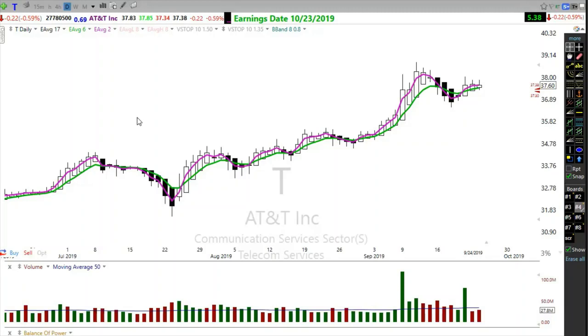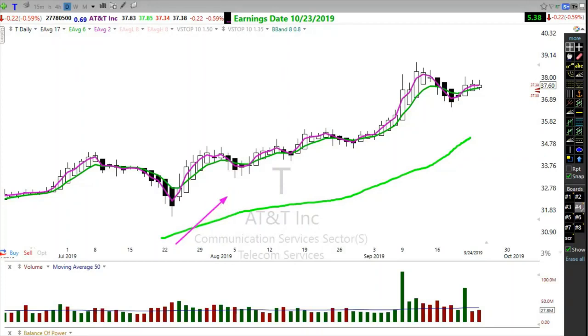Okay, so with the 2 exponential moving average and the 6 exponential moving average, we create a trap. And what is the trap? Well, I'll explain this way first. If this is that 6 exponential moving average, then what I want to see is that the 6 gets crossed up by the 2.